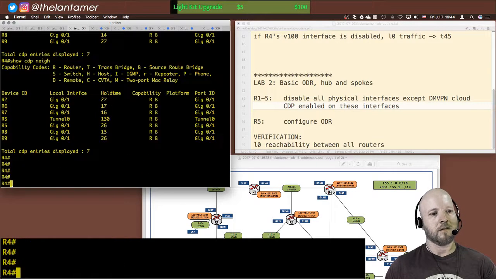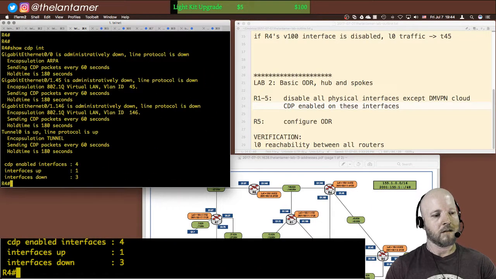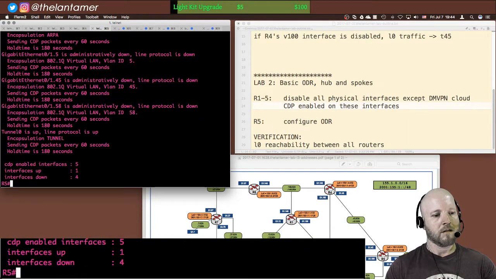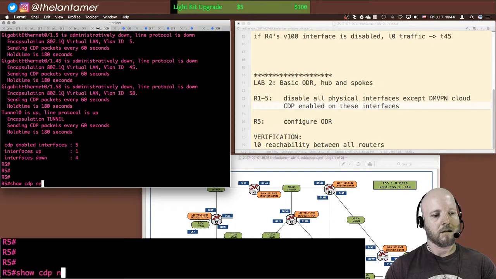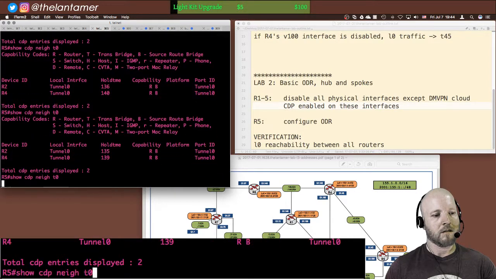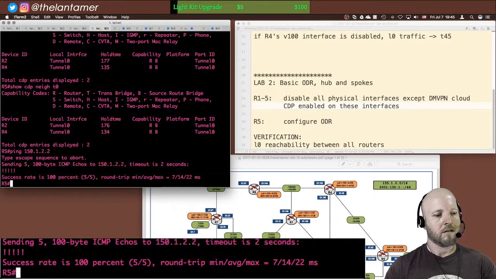Okay, good. Now I can get to the loopback.